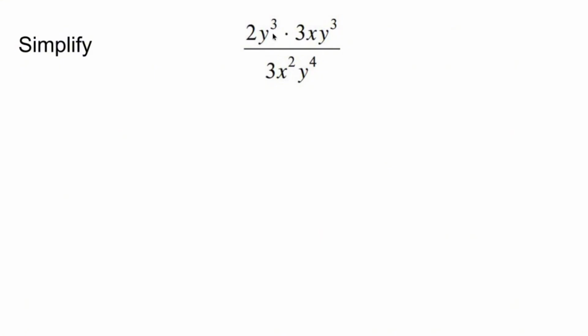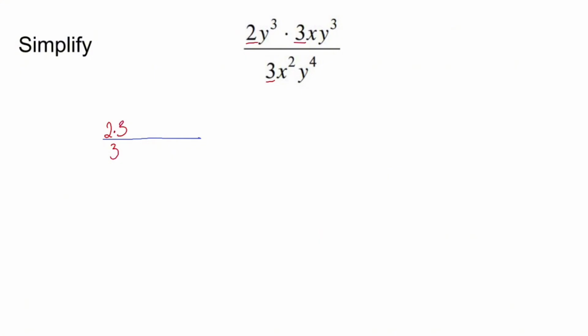Simplify 2 times y to the third times 3 times x times y to the third, all over 3 times x squared times y to the fourth. Well, I have a big fraction and I'm multiplying a bunch of stuff with powers and numbers. What I like to do is move all of the common things near each other. So 2 times 3 all over 3.